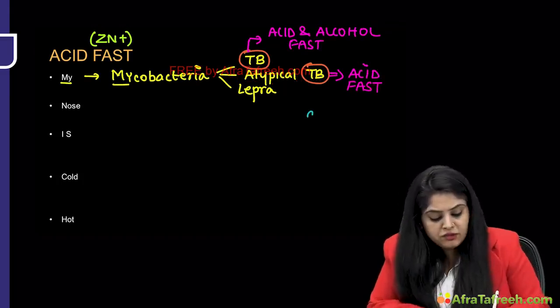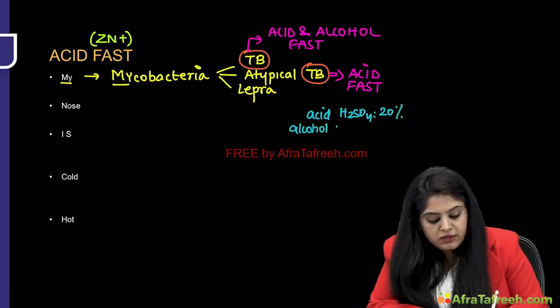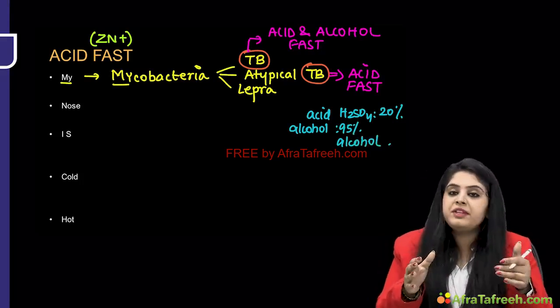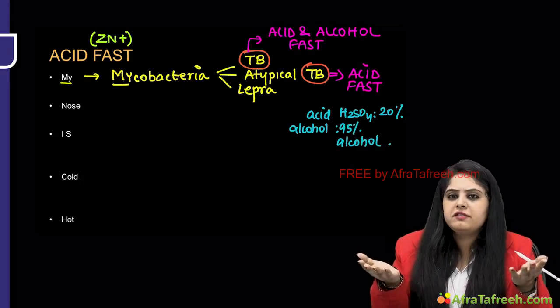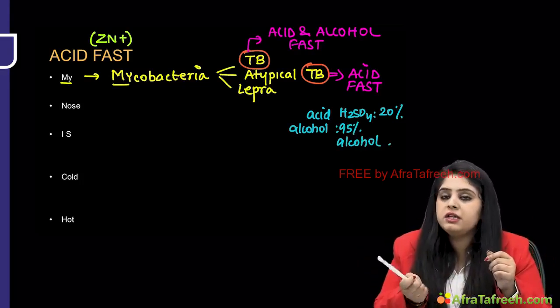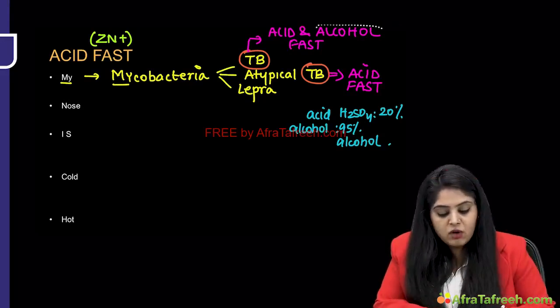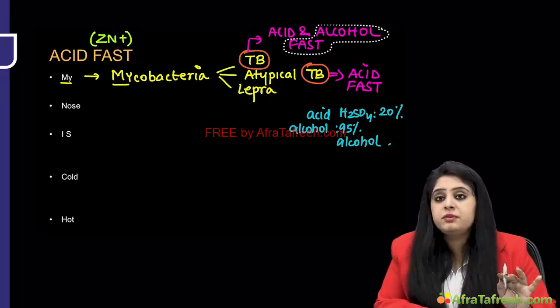How much H2SO4 do we use? T20, we always use 20%. If they ask you the concentration of alcohol, usually 95% alcohol is used. So simple: if something is coming acid fast and you want to find out whether it is typical or atypical TB, do an alcohol fast staining. If you get something which is alcohol fast, you will know that yes, this is typical TB.